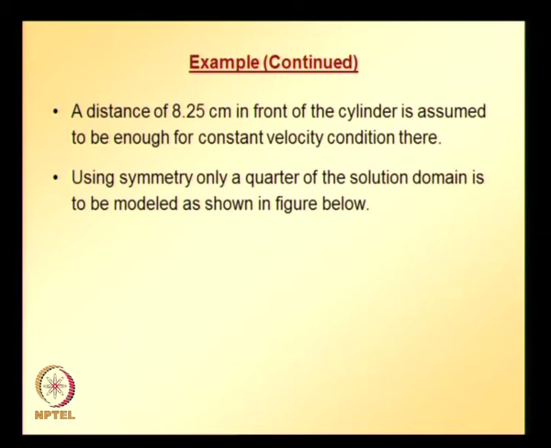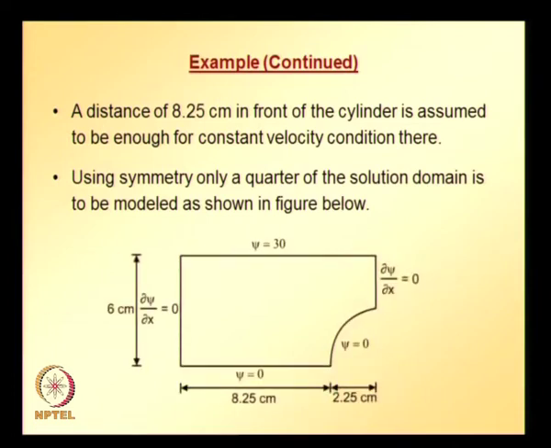Using symmetry, only a quarter of the solution domain is to be modeled, and the quarter model is shown along with all the boundary conditions. Since Vy is equal to 0, the partial derivative of the stream function with respect to x is equal to 0 on the extreme left edge.